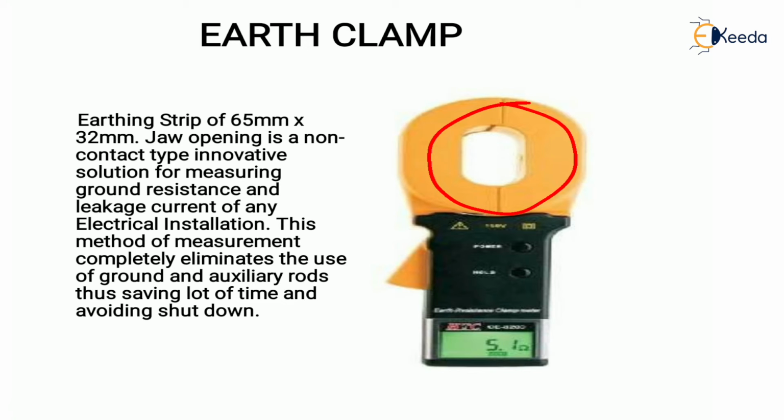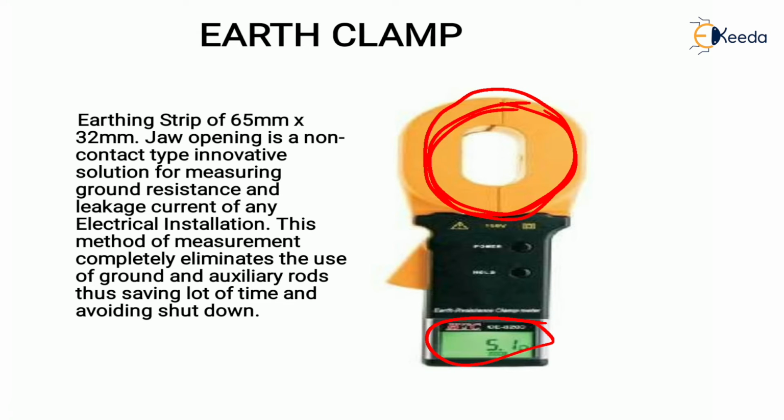The current flowing through the conductor generates an alternating magnetic field that rotates around the concentrate of the clamp core and induces current in the secondary, and the reading is given on the display.